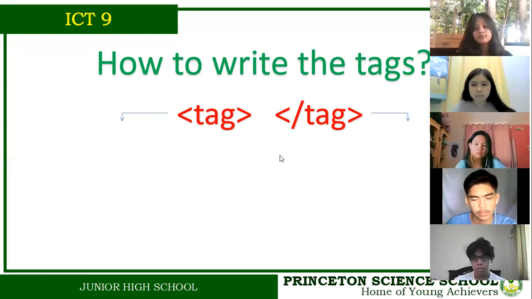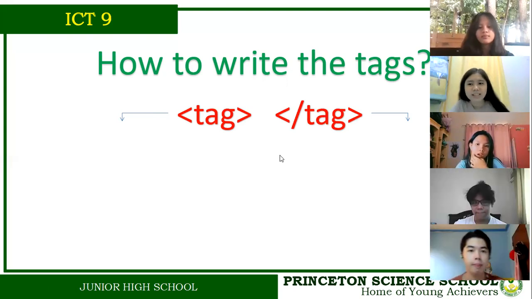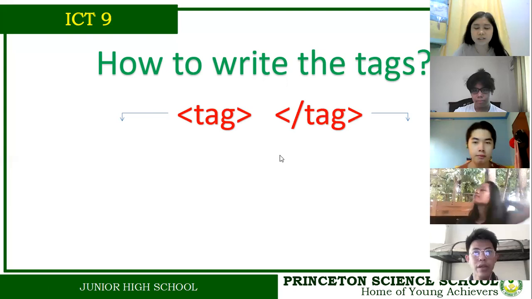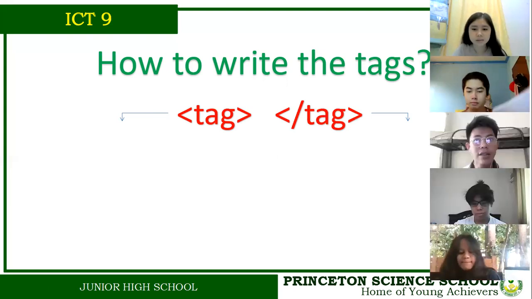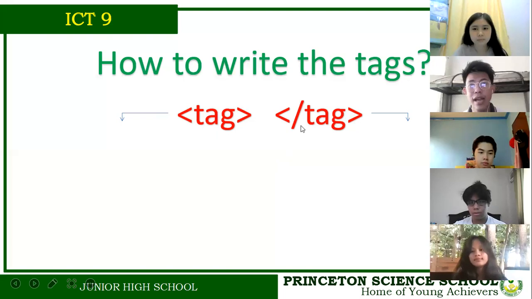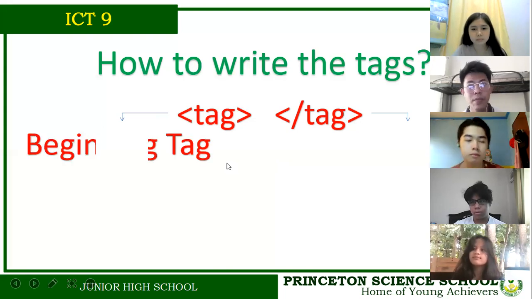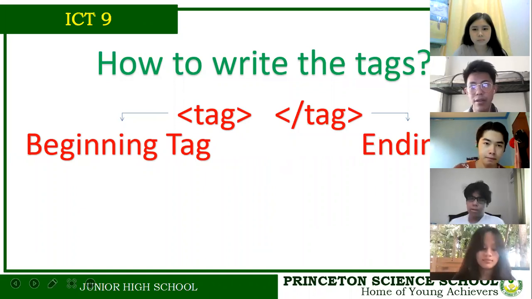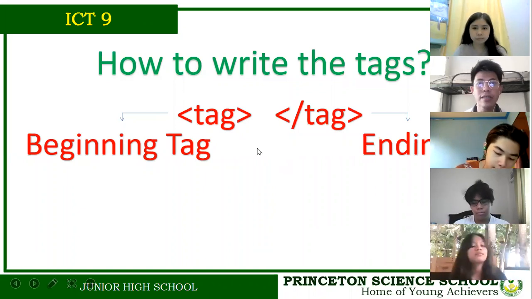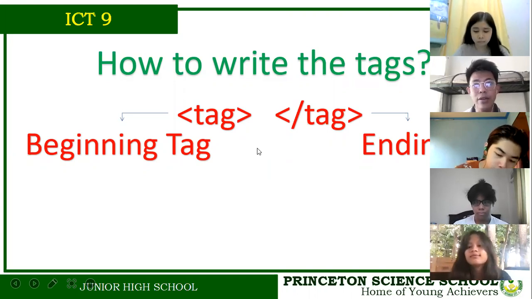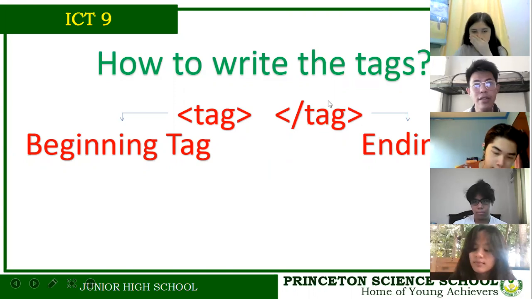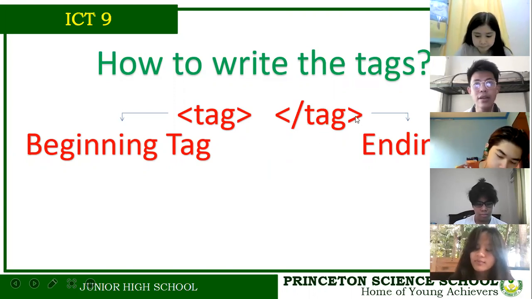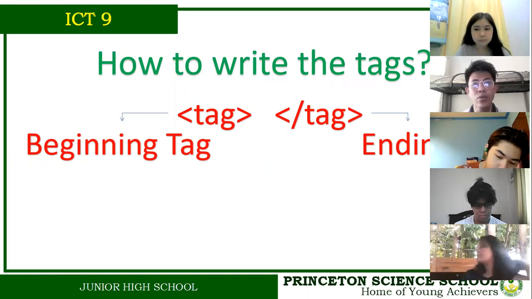Yes, Angel: the end tag has a slash while the first one doesn't. Okay, so the tag at the right side has a forward slash, while the first one doesn't, because the first one is the beginning tag and the second one is an ending tag. The beginning tag pertains to where the effects of the tag will start, and the slash tag, the ending tag, pertains to where the effects of the tag will end.